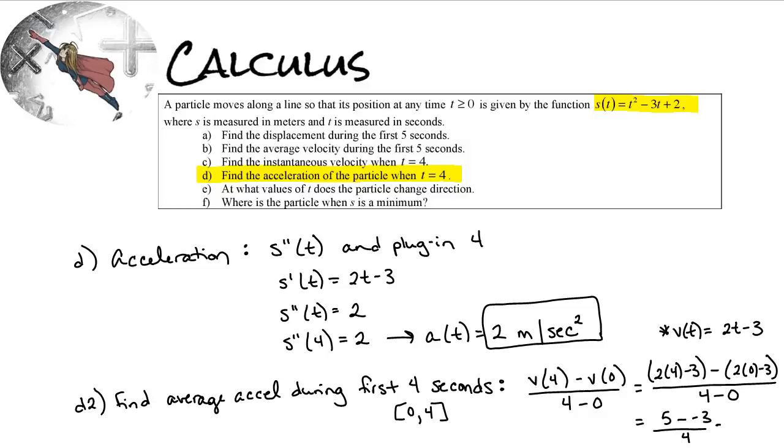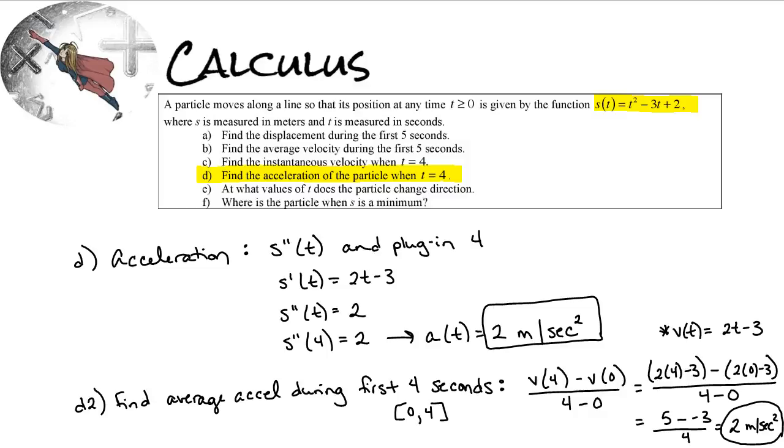That's going to be 8 over 4. So that would be 2 meters per second squared. It's the same answer in this problem as the just regular acceleration in part D, which was the instantaneous acceleration, but it won't always necessarily be the same answer.